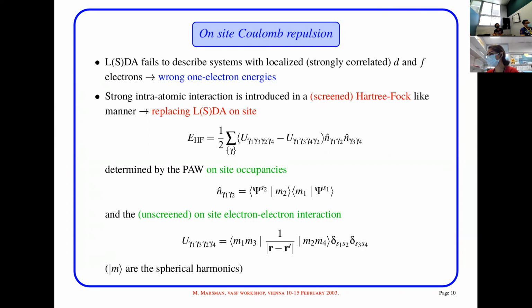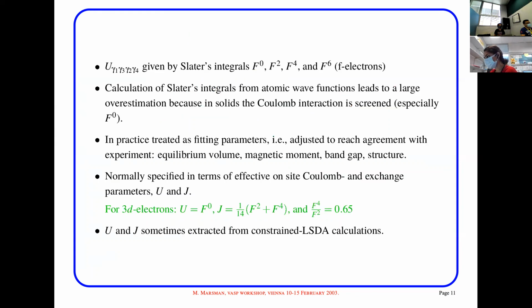So for systems that have D and F electrons, for instance, any kind of oxide, because in copper oxide you have these electrons, if you have nickel oxide, you can also have them, or neodymium or cerium. So in this case, you need to apply a correction on top of the standard DFT.